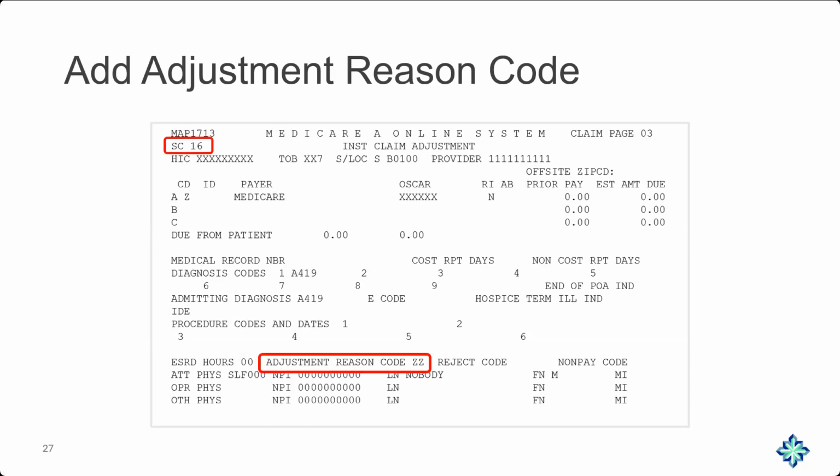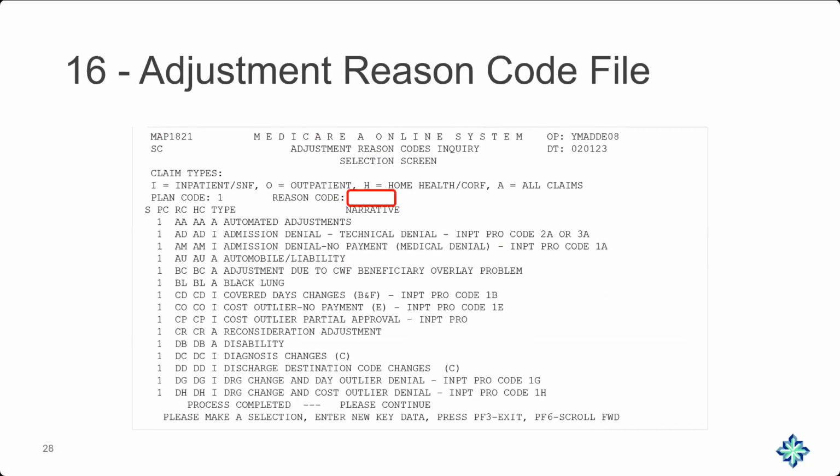So if you use shortcut 16 and press enter, you'll be taken right to this screen. Initially it's going to be blank, so hit enter again and it'll populate and you can look through the list. You can use your F6 key and just scroll through to find the one that you need. Or if you want to verify, like I think it's ZZ, but is it ZA? I can't remember.